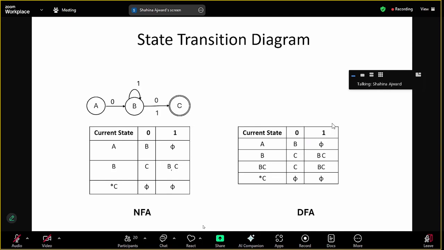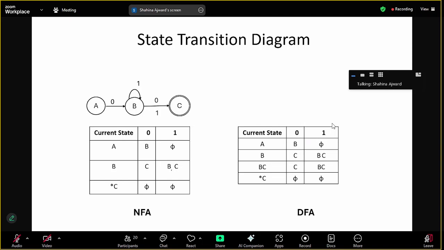So the process is first we define the NFA, then we draw the state transition diagram of the NFA. By looking at the state transition table of the NFA, we can create the state transition table of the DFA, right? Then looking at the table, we can design our DFA state machine, right?